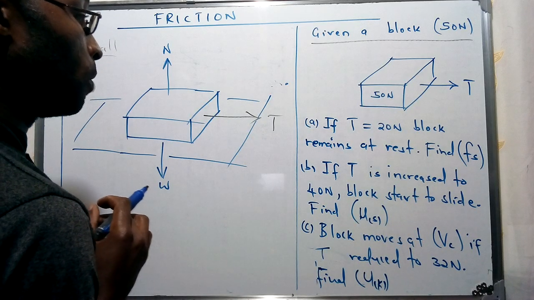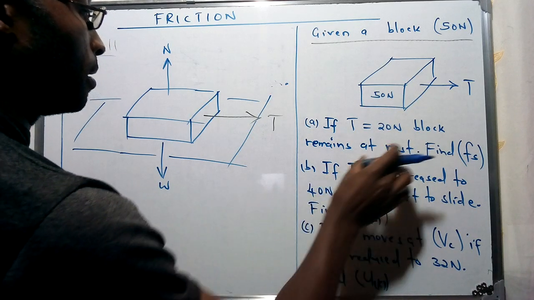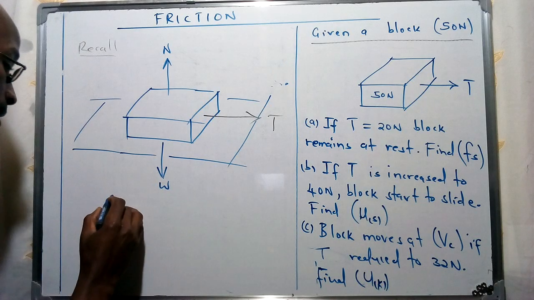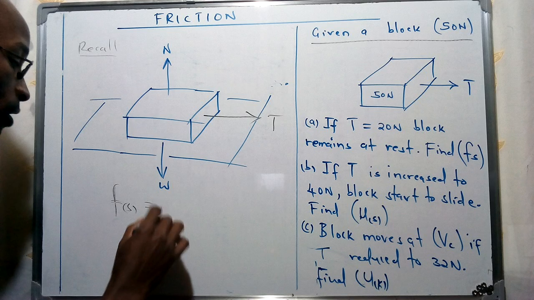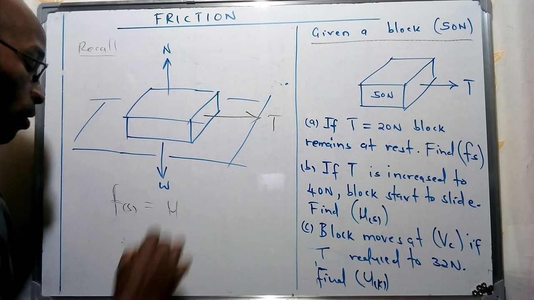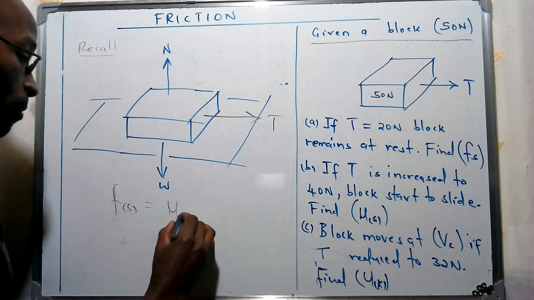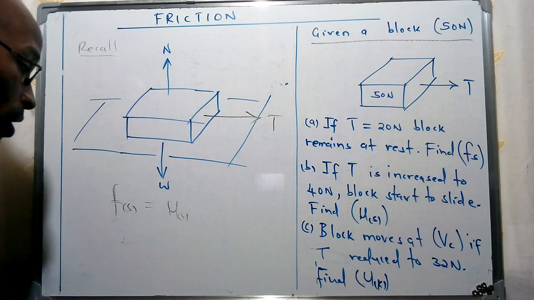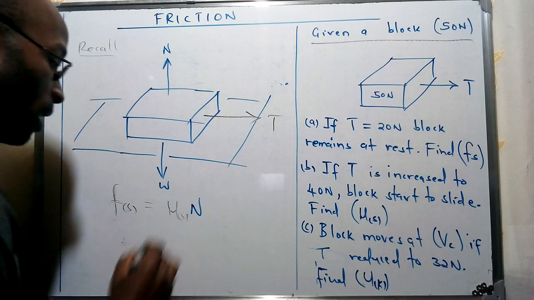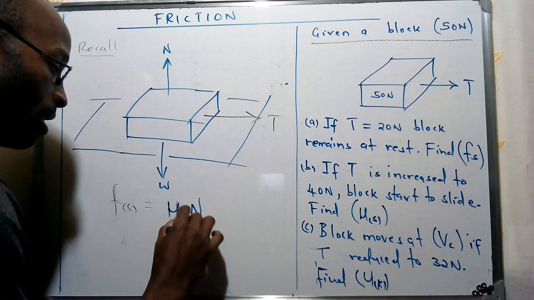And of course, we are going to check the relationship we just gave for static friction, which is the product of mu s and n.